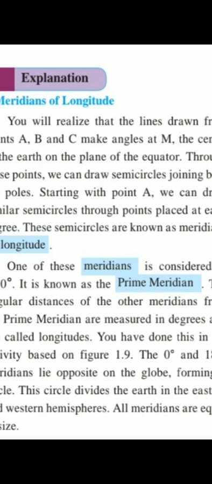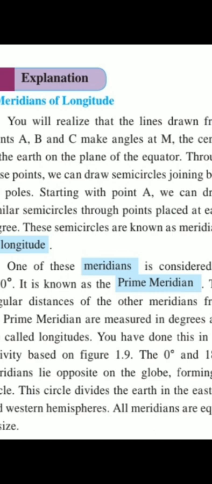Among these meridians, one is considered to be 0 degree, and this 0 degree is known as the prime meridian. Understood?